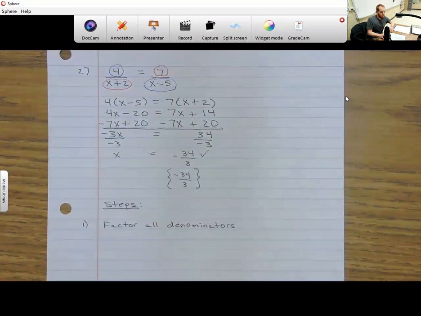It might be factoring by difference of squares. You might be factoring by rainbow method. You might be factoring by finding those two numbers that multiply to the end but add up to the middle. But basically, you want to factor as much as you can. And once you're done factoring all that you can, you want to see if you can find a common denominator.